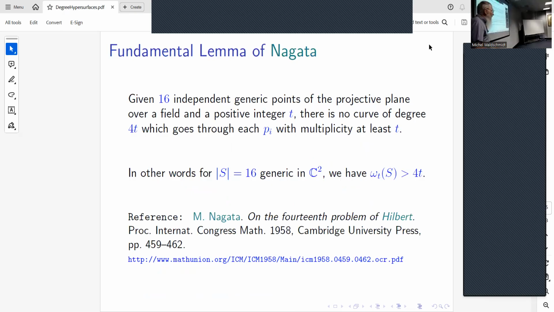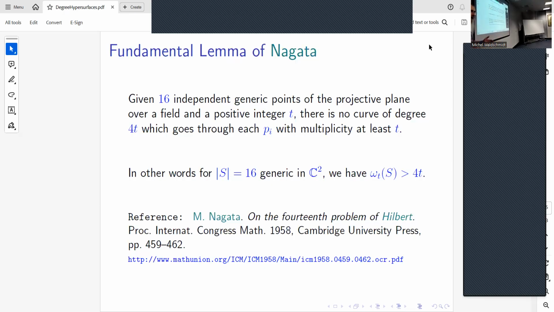The counterexample of Nagata, which I will explain, rests on a very important lemma, which Nagata calls the fundamental lemma. The fundamental lemma is that if you have r independent generic points in the projective plane over a field, and a positive integer d, there is no curve of degree d which goes through each point with multiplicity d over square root of r.